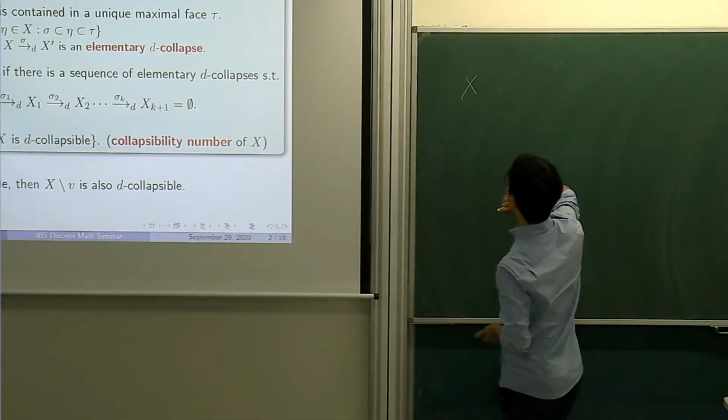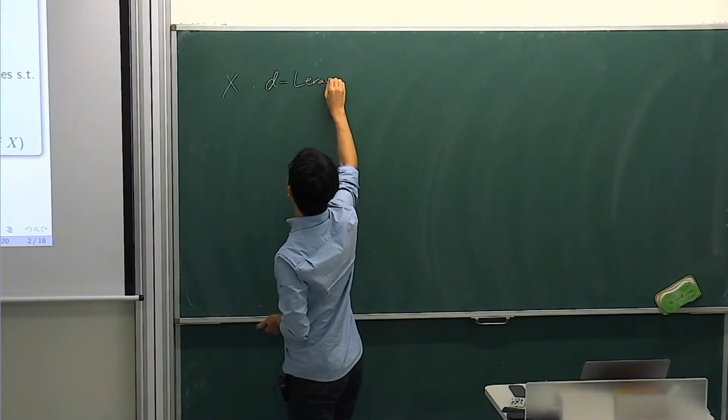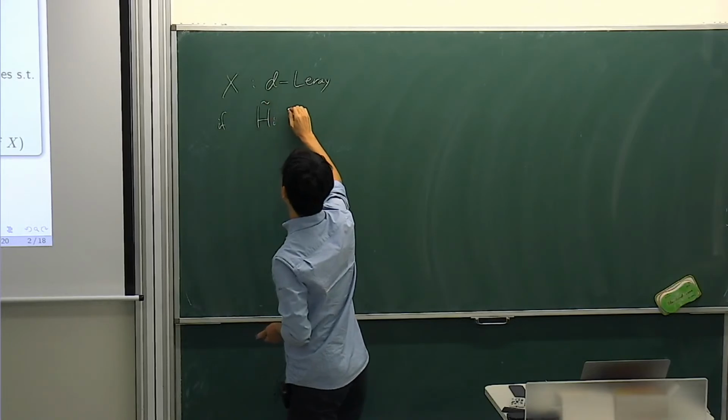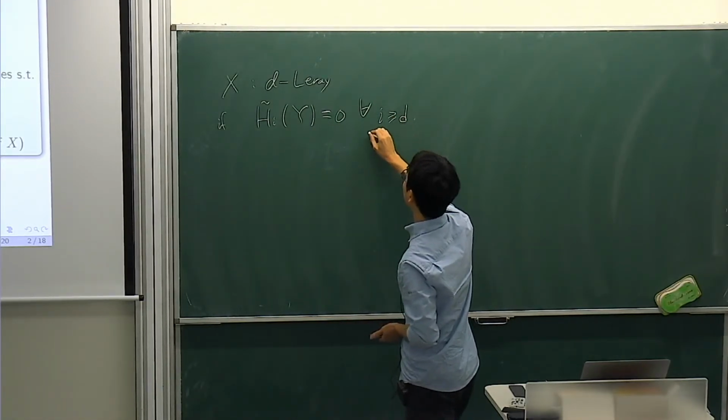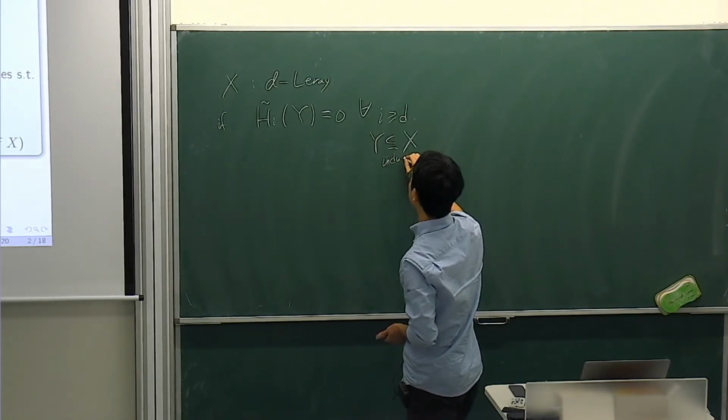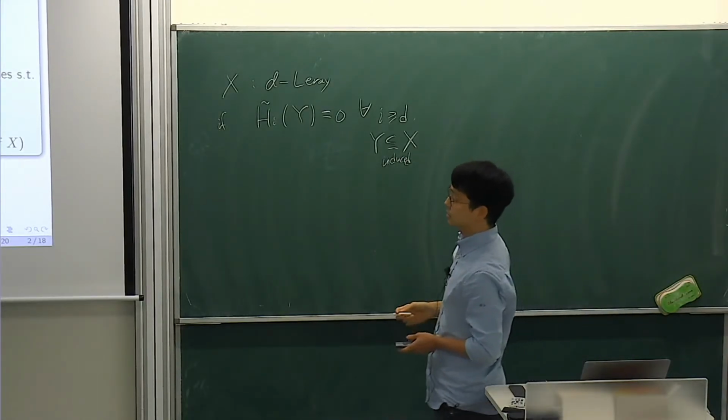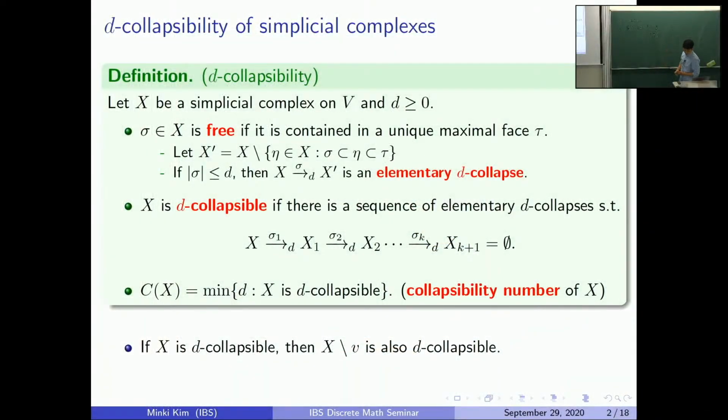We are given a simplicial complex X, and this is called d-Leray if the reduced homology of Y in degree i equals 0 for all i at least d, where Y is an induced subcomplex of X. And d-collapsibility is a somewhat stronger property than d-Leray-ness, because each elementary d-collapse either gives a homotopy equivalence, or it affects only homology of dimension at most d minus 1. So if some complex is d-collapsible, then it's also d-Leray.